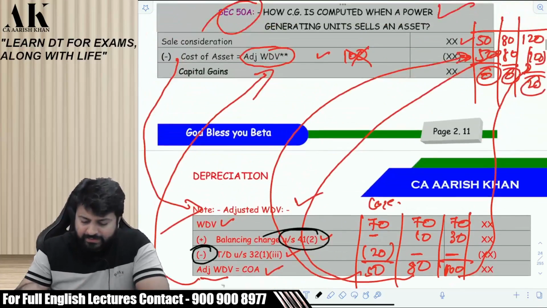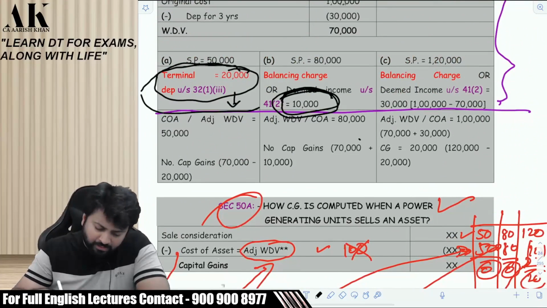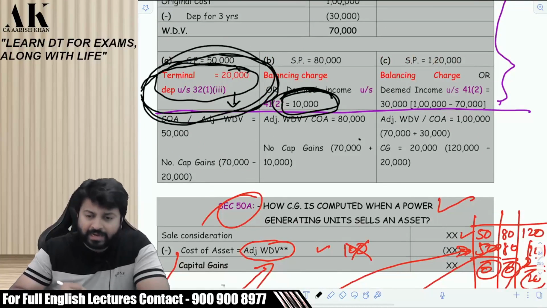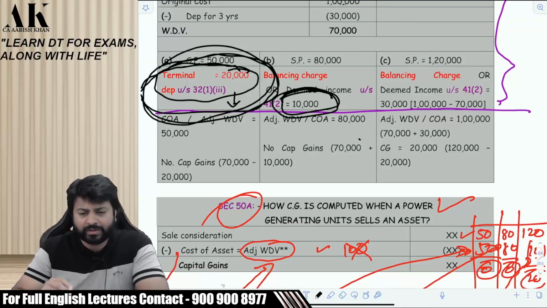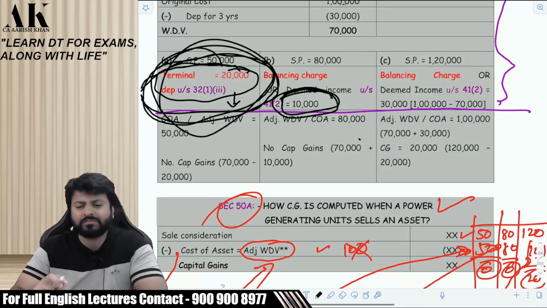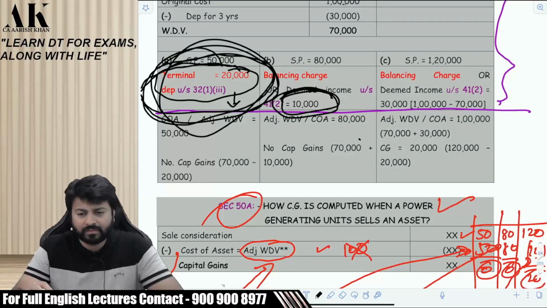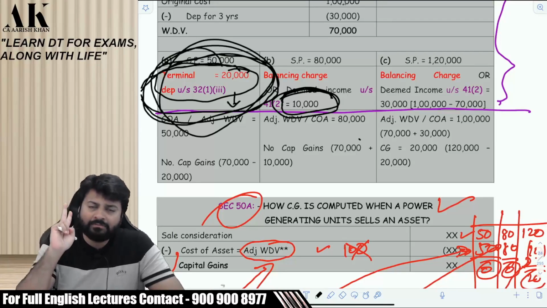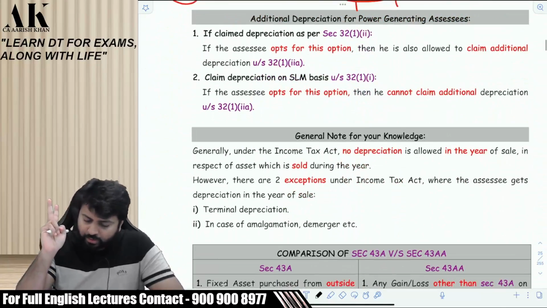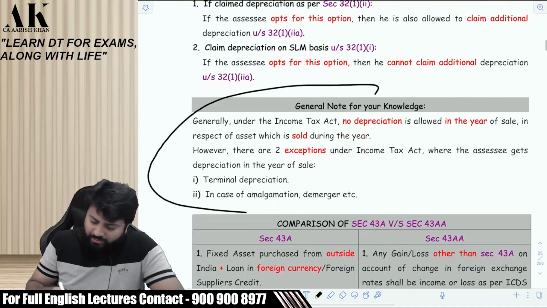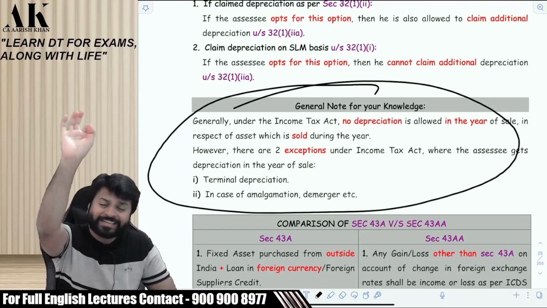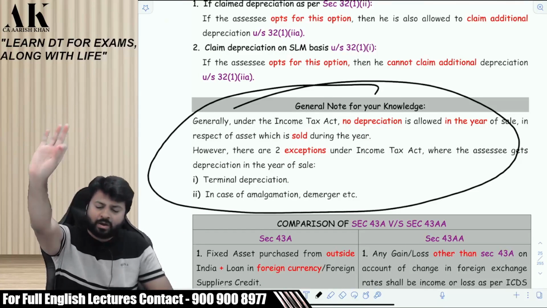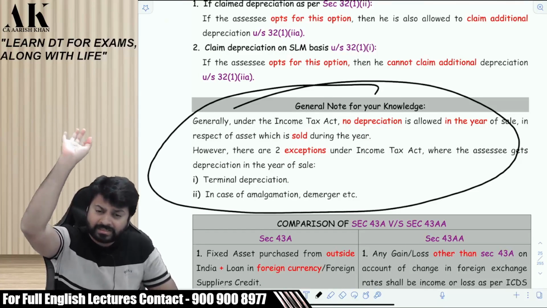Now again, please tell me, isn't this an exception to the norm that depreciation is not allowed in the year of sale? That you are getting a depreciation in the year of sale also? So I am just summing up this discussion. There are only 2 exceptions under the entire income tax law where depreciation is allowed in the year of sale also.